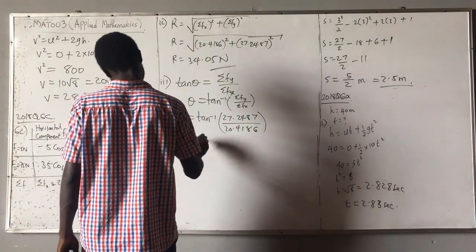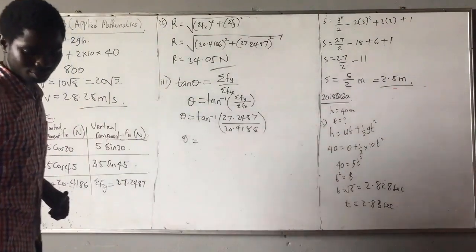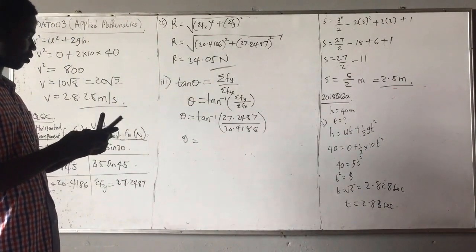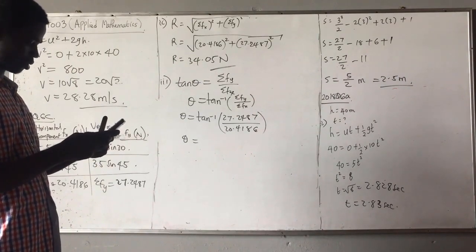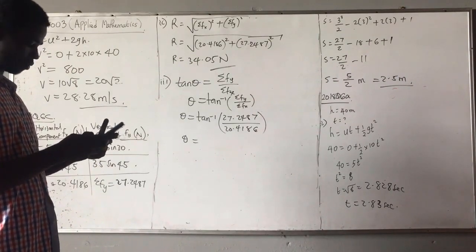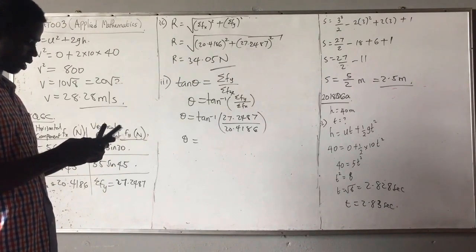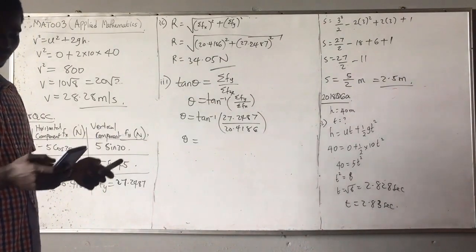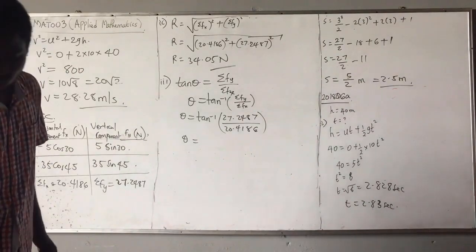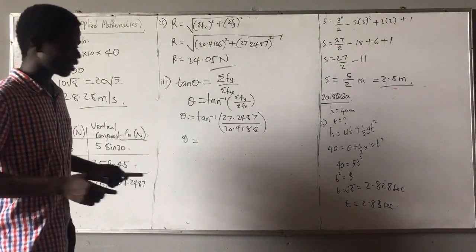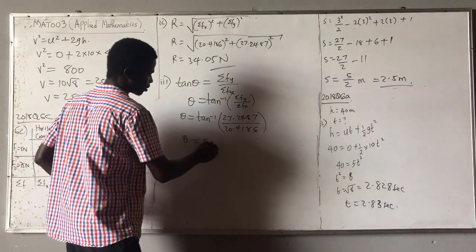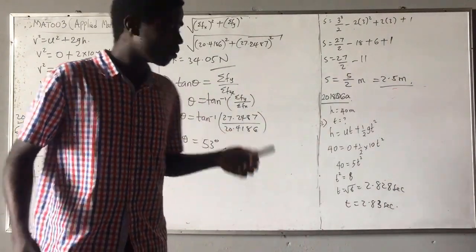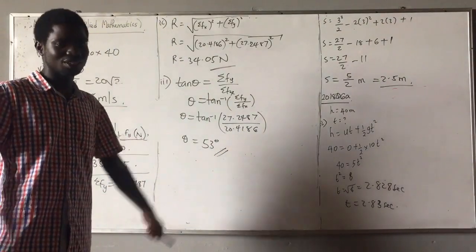So theta equals arctan of 27.2487 over 20.4186. I have 53.15, but they asked me to round off to the nearest degree, so the answer is 53 degrees.